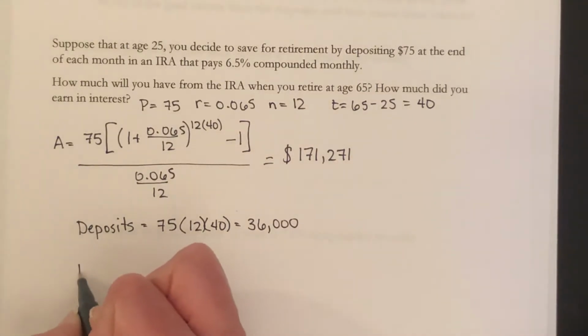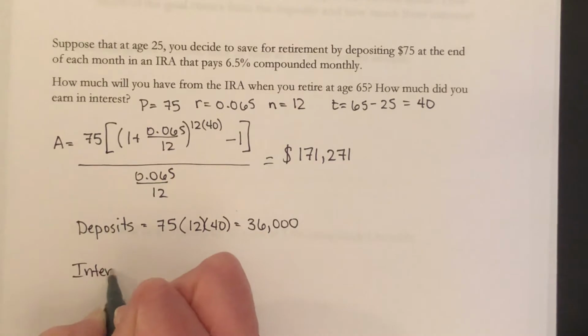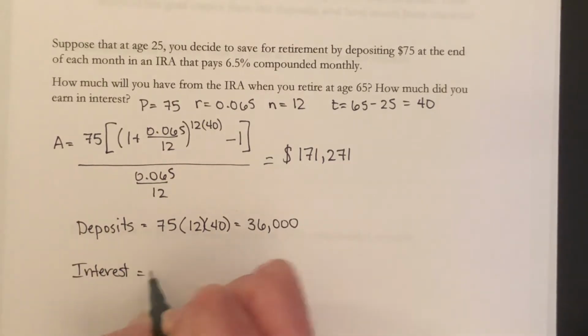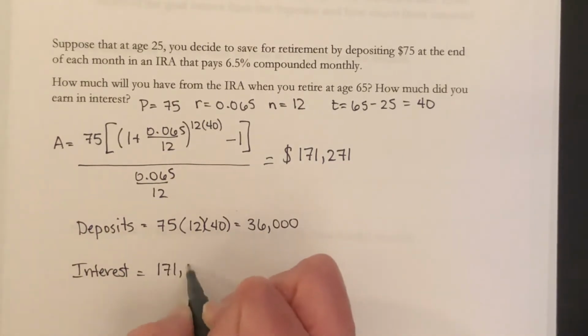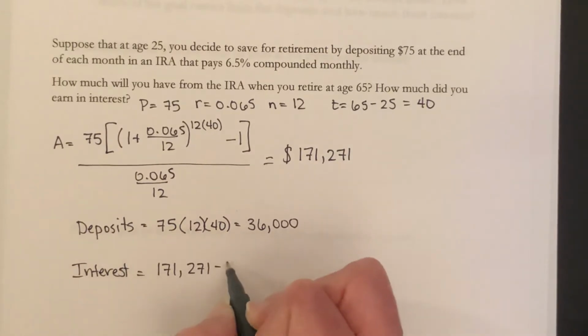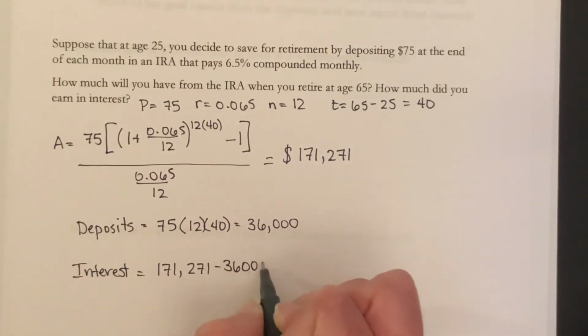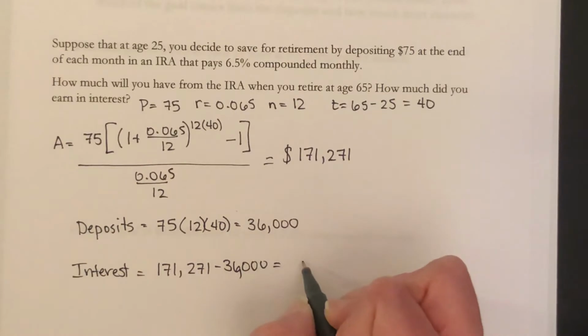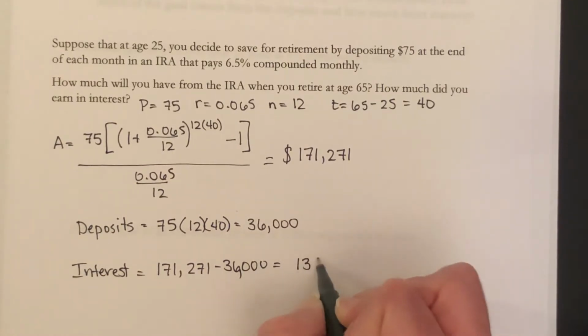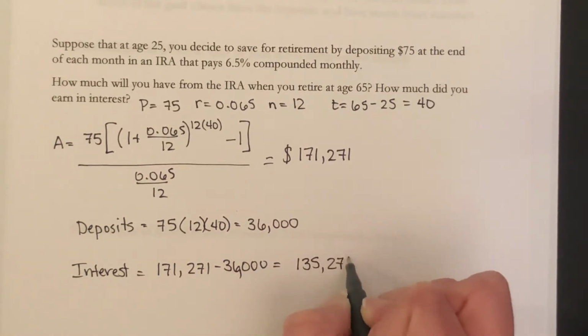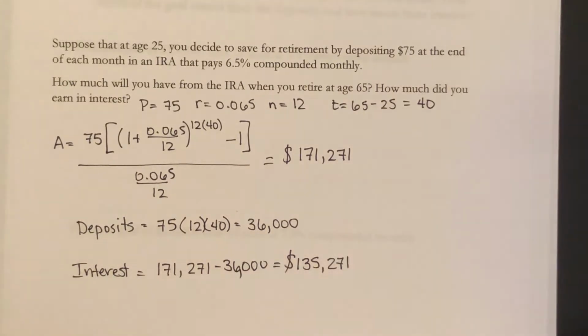So how much did you earn in interest? That's going to be $171,271 minus $36,000, which gives you $135,271 in interest.